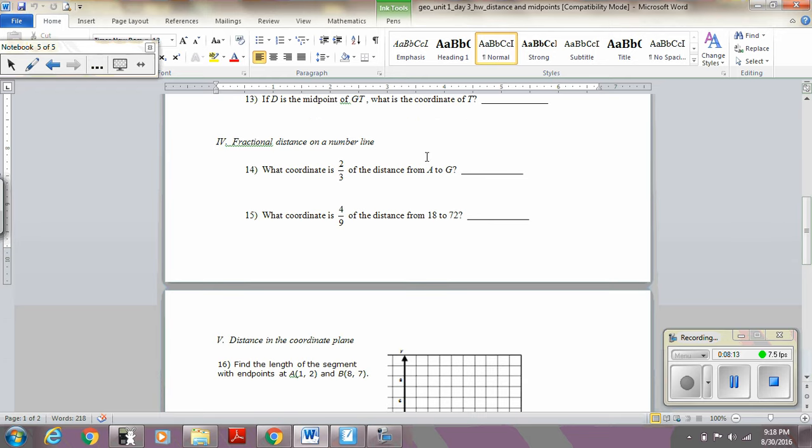Alright, so fractional distance was that set of problems that was 3 steps. So the first step, and I'm going to do number 15 with you, is to find the total distance. And we're going from 18 to 72. Okay?